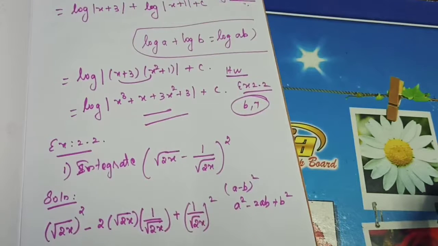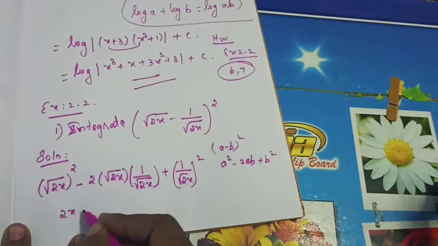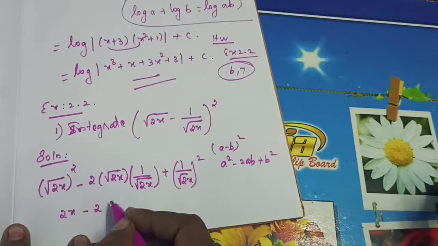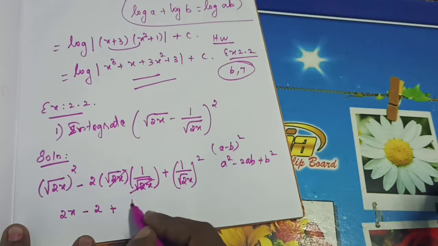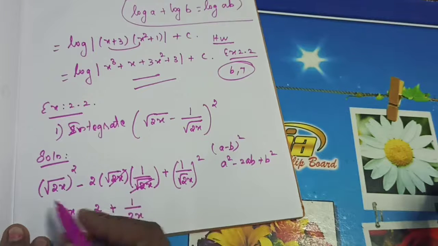So root of 2x the whole square gives 2x, correct? 2x minus 2, since root 2x and 1 by root 2x cancel, plus 1 by 2x, correct?